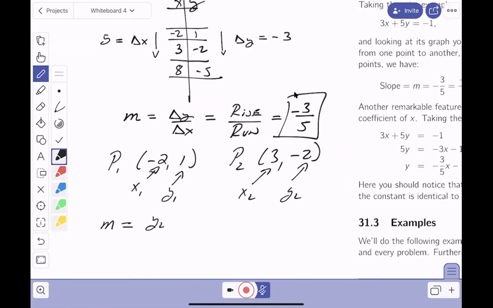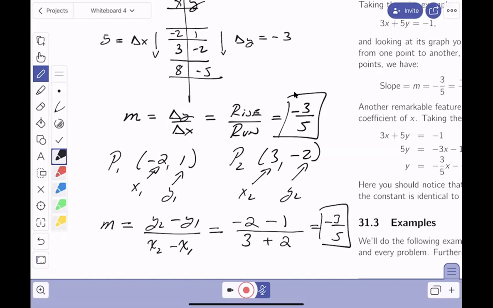It's y2 minus y1 over x2 minus x1. What do you get over here? What's y2? Minus 2, minus 1. That's y1, right? 3 minus a minus 2 is plus 2. What do you get there? Minus 3 fifths.